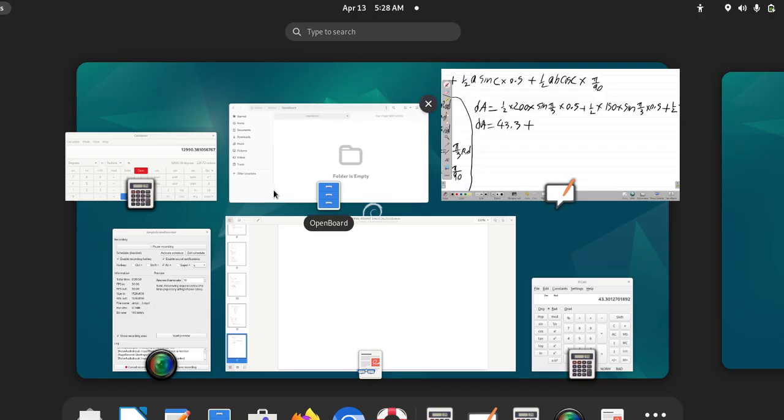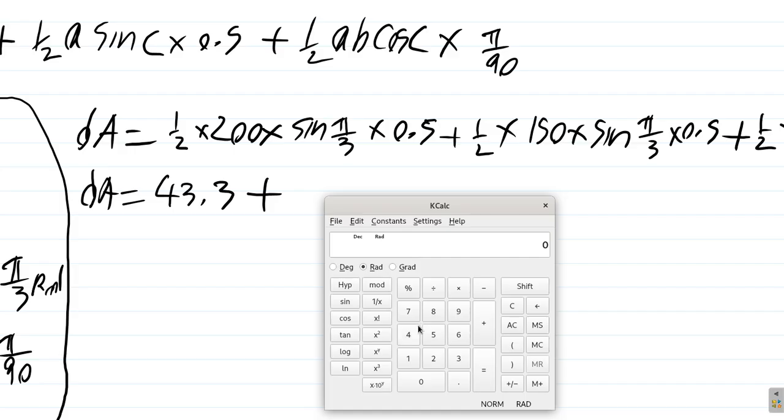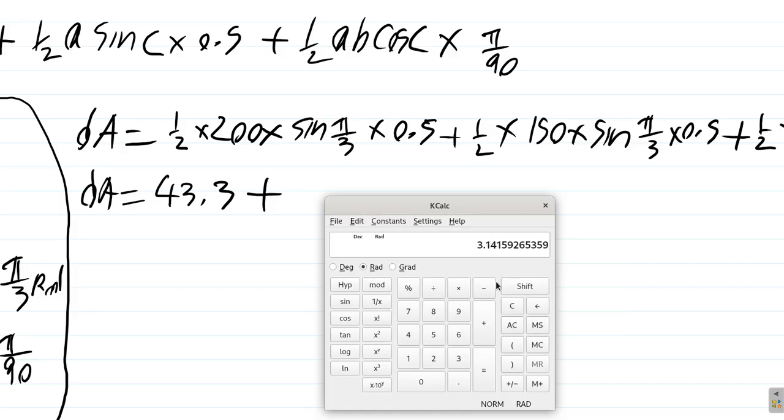Alright, so we get back to the calculator. Let's see what else we have here now. We have pi over 3 again. Pi divided by 3 equals. Then sine. Good.